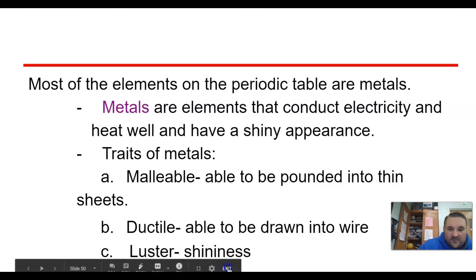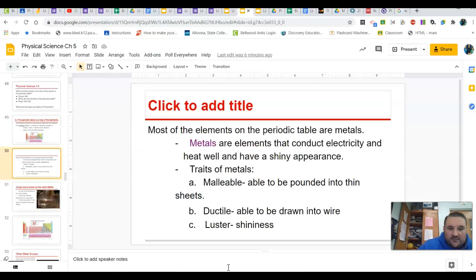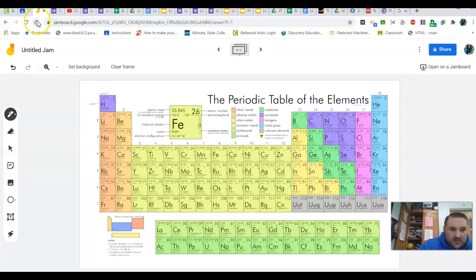Most of the atoms of the periodic table are metals. All of the alkali metals form a positive 1 charge. These are your halogens here. They all form a negative charge. Noble gases are here.